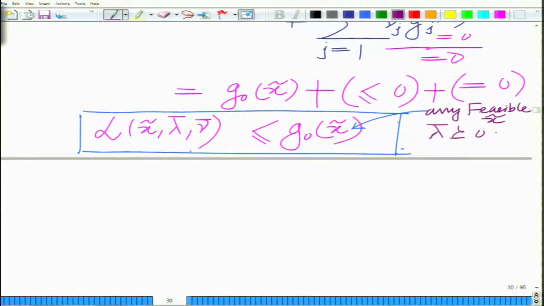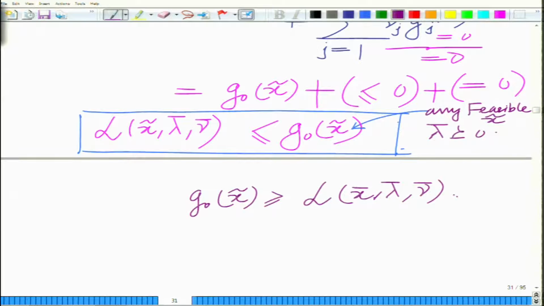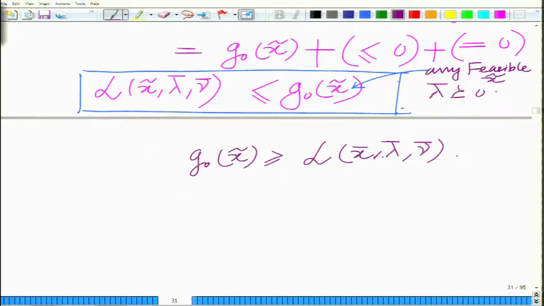Now, therefore, just rewriting this, G naught of x tilde is greater than or equal to the Lagrangian at x tilde, which implies that this is greater than or equal to the minimum over all such feasible points.